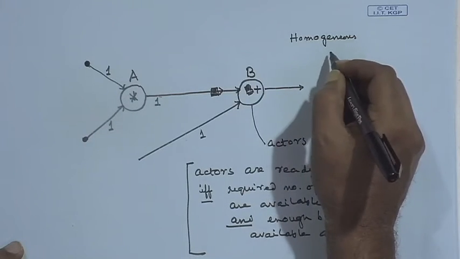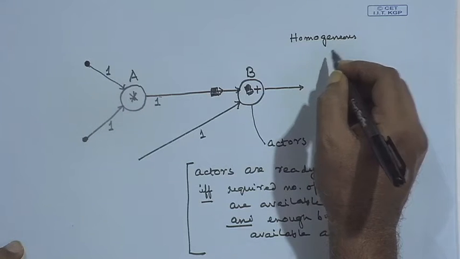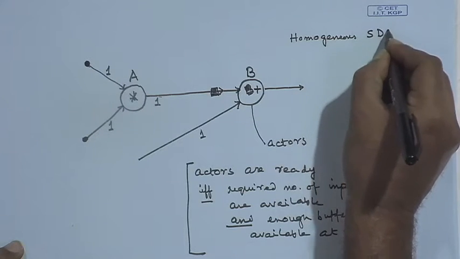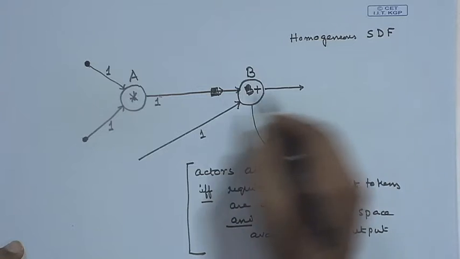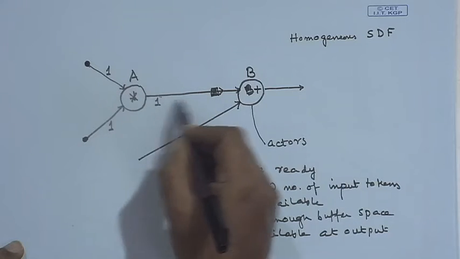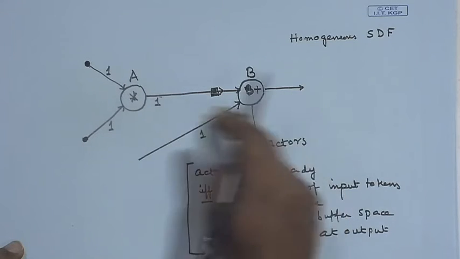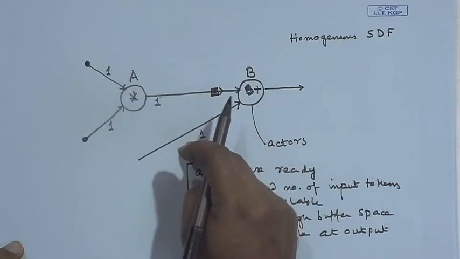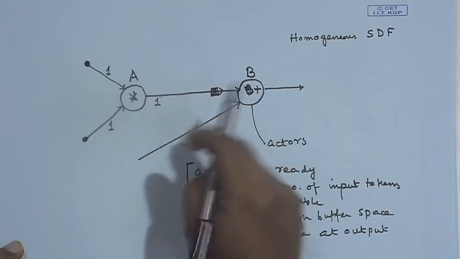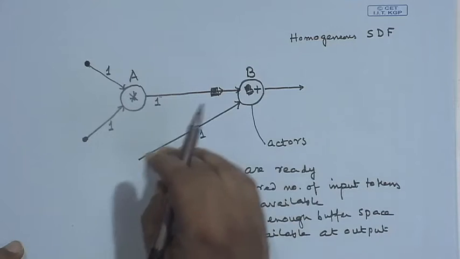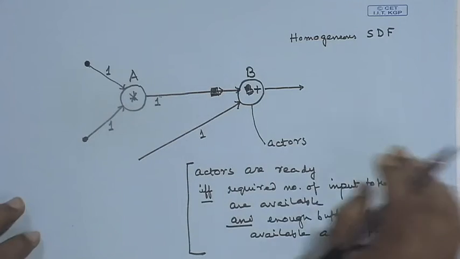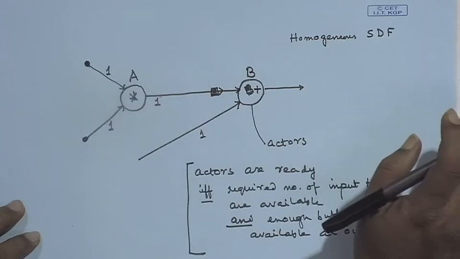Homogeneous SDF means that the number of tokens accepted at different node points are all the same. Say for example, everything is 1, the same number of tokens per firing.